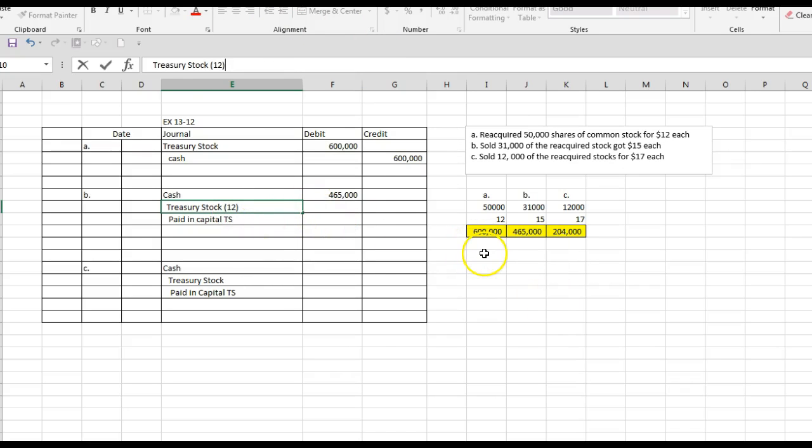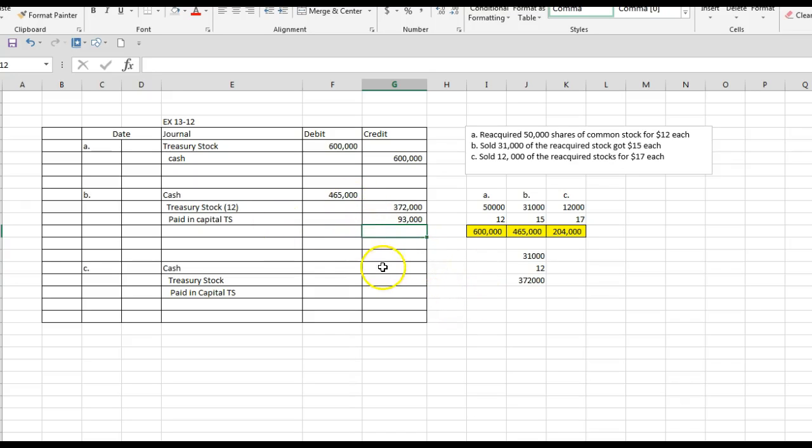So 12 times 31,000 is, drum roll please, 372,000. And the difference then becomes the paid-in capital. And that would be 465 minus the 372, which gives you a $93,000 difference.